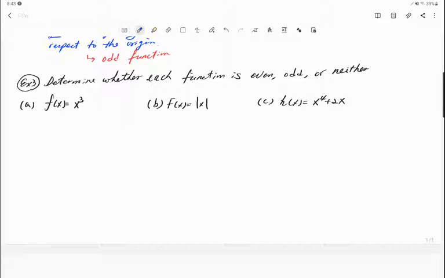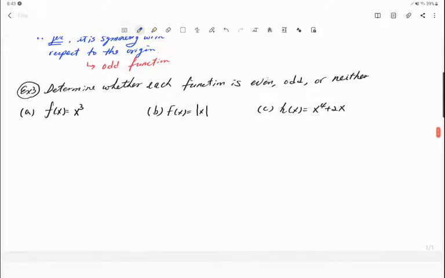Okay, the next example is to determine whether each function is even, odd, or neither. So what is an even function? We will test like this. Replace x with negative x, and if the result is the same as the y value, then that's an even function. An odd function is when you replace x with negative x and it becomes negative f of x.